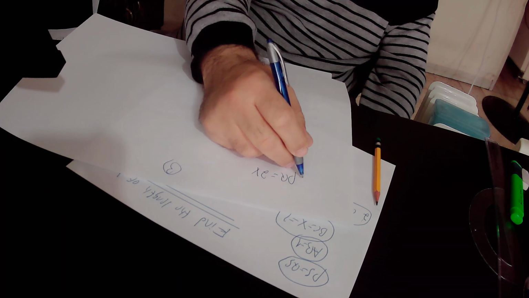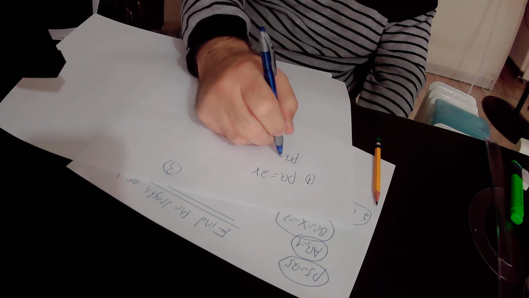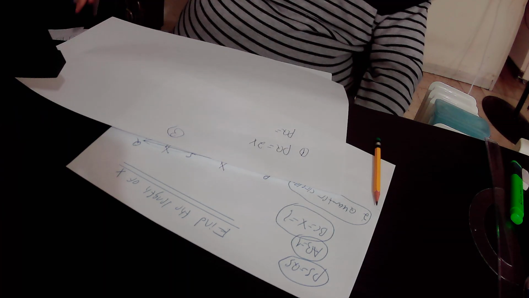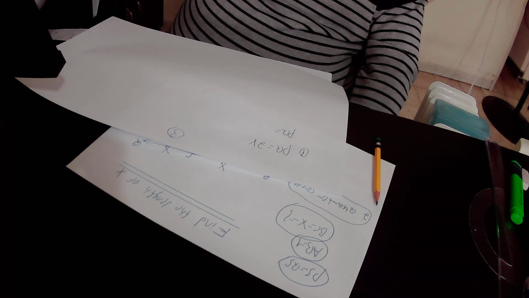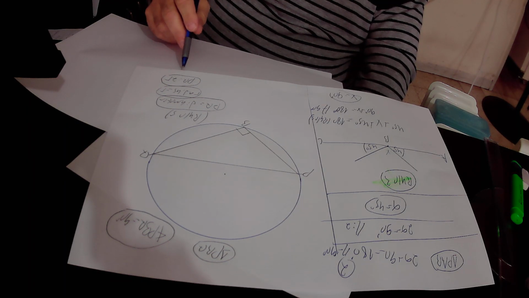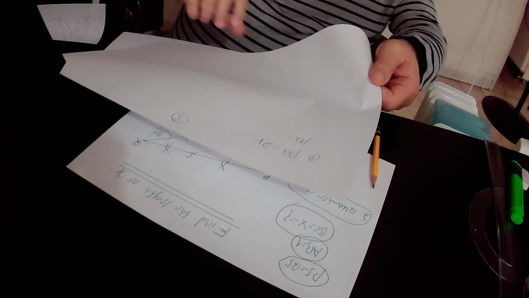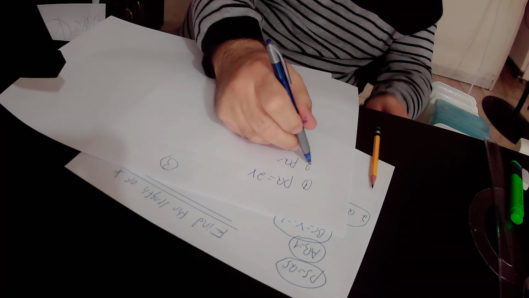from one side. From the other side, we found out that PQ is the diameter of this circle, therefore it equals 2R.